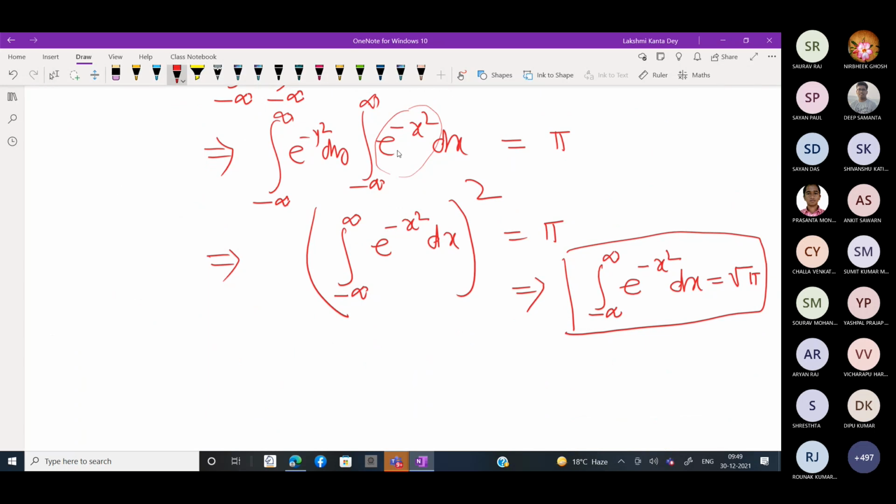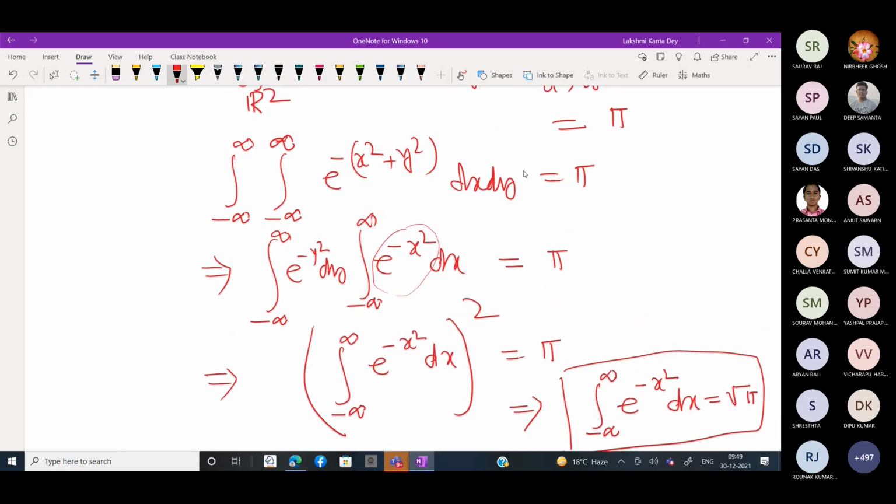Again, I would like to tell it. See, this is basically from before: if we take the limit a tends to infinity, that means your region of integration becomes the whole plane. So I can write separately e to the power minus y square dy, because y is running from minus infinity to infinity, and x is also running from minus infinity to infinity.